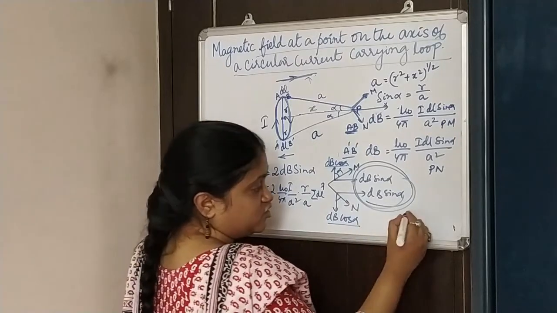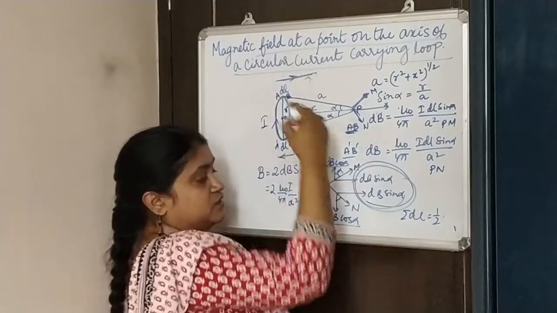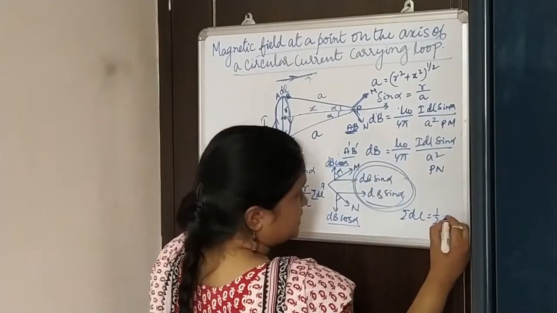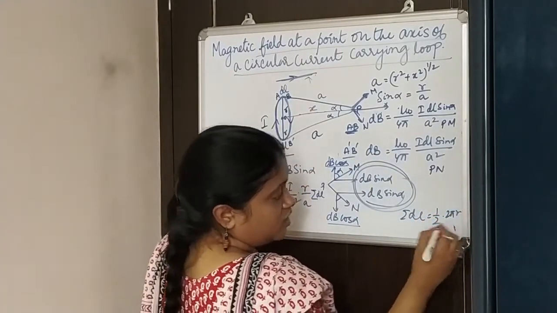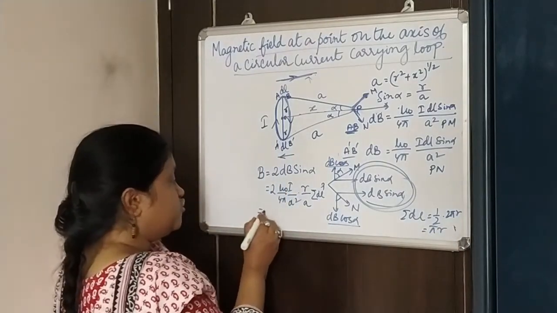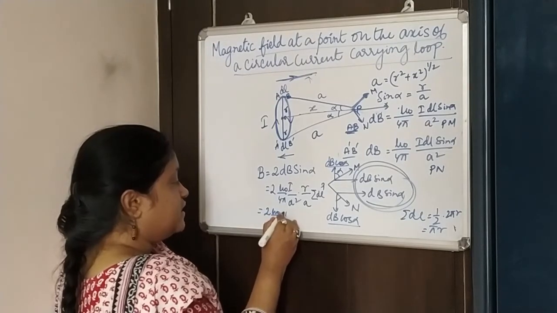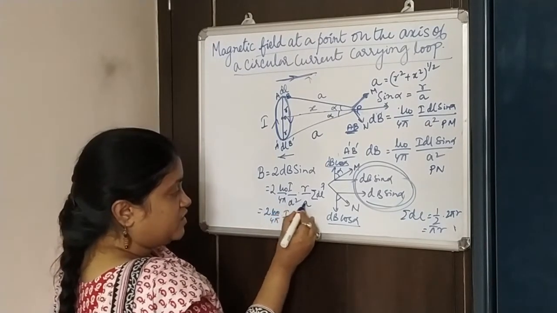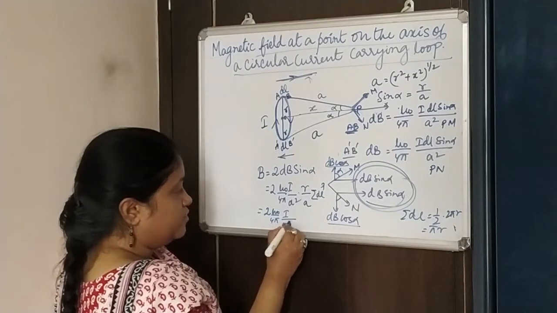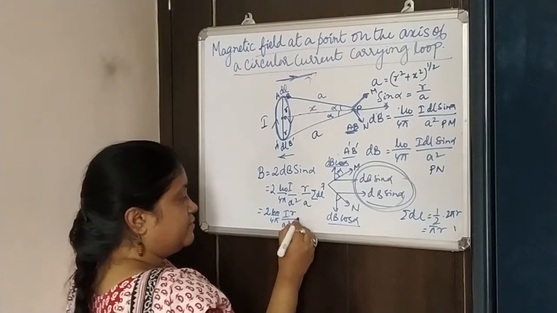The summation of dl will be half of the whole circular distance, that is 2 pi r, and half of 2 pi r is nothing but pi r. So when we substitute, we get 2 mu naught by 4 pi I by A square into R by A, which becomes A cube, and in the place of dl we write pi r.